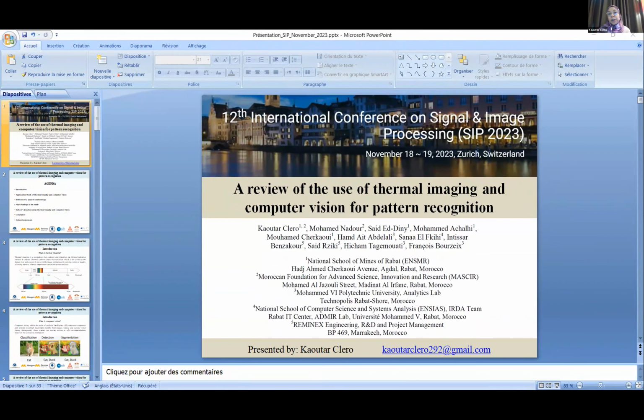We can distinguish the classification models, which means when we have a set of images and each image contains an item, and we try to classify these images depending on the items they contain. We have the detection models, which means we have different items in the same image and we try to localize them through bounding boxes.